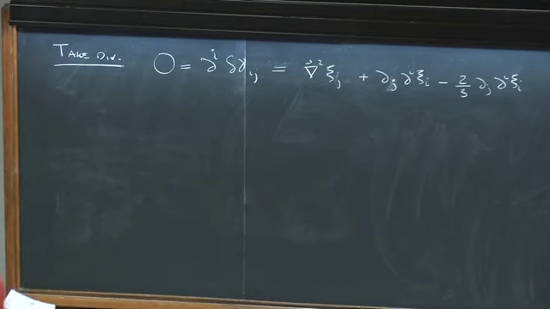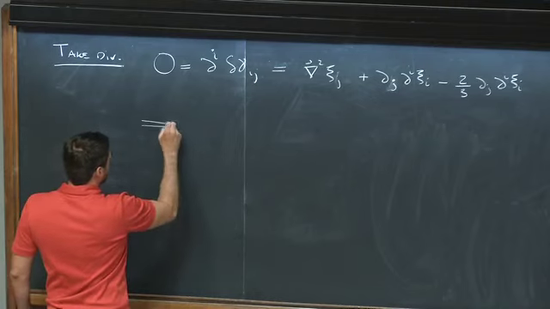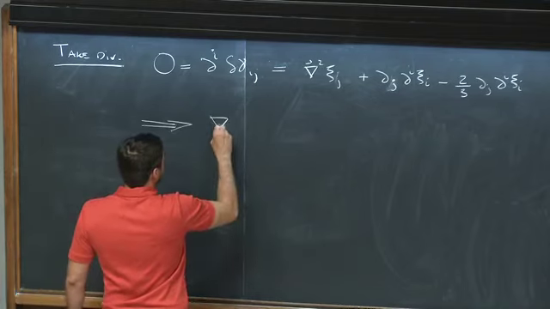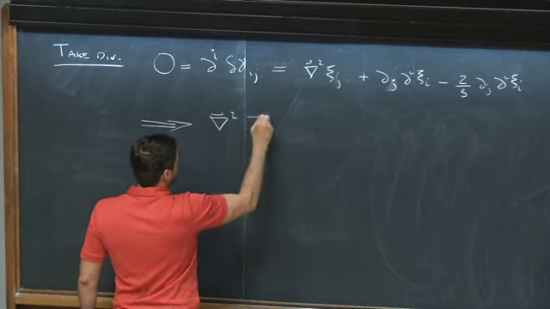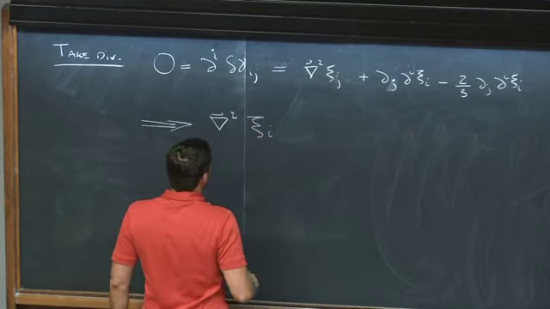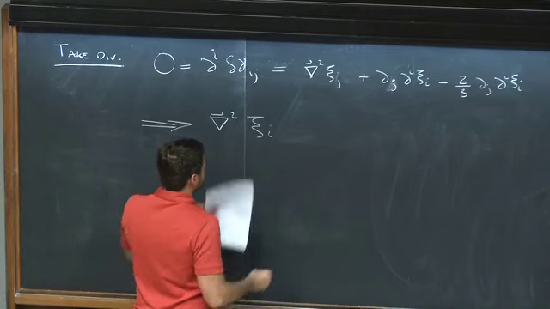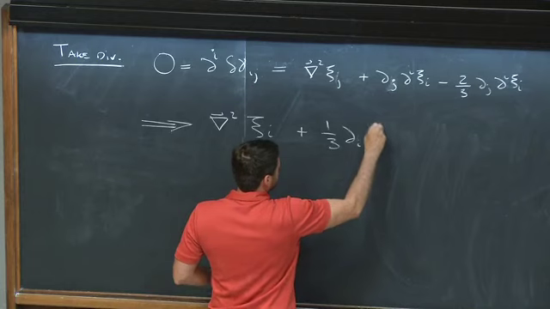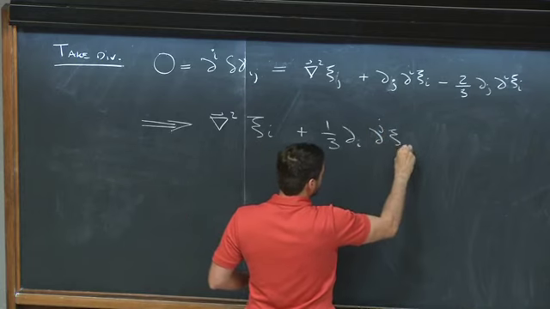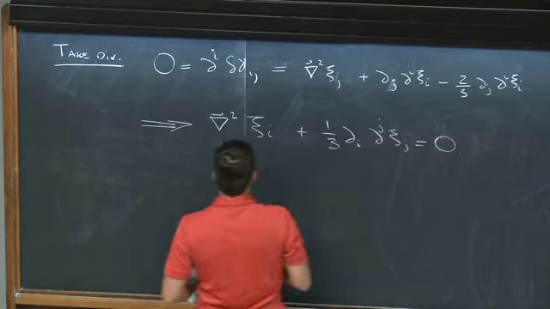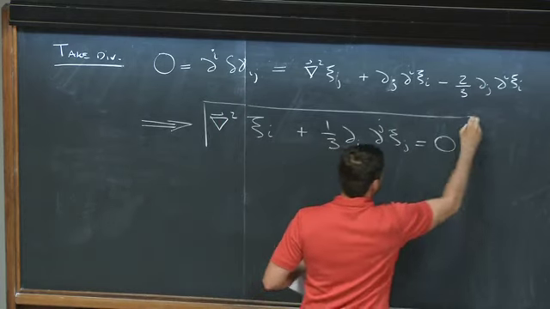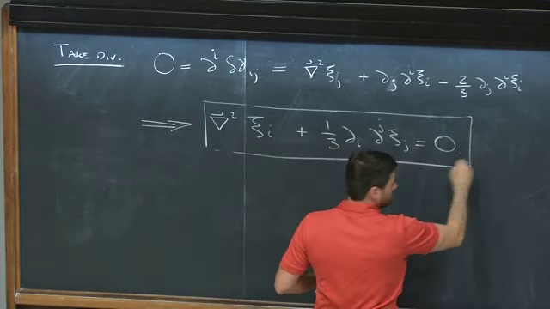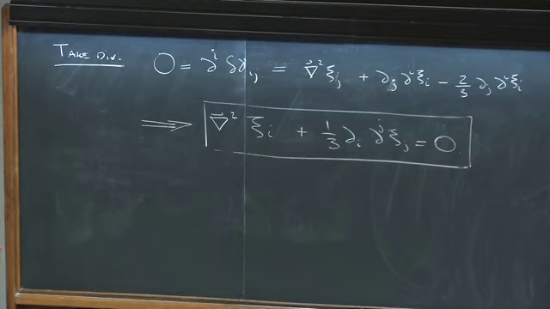Okay, so in other words, our diffeomorphism Xi is constrained to be satisfying the following equation, that the spatial Laplacian on Xi plus 1/3 gradient of its divergence must be 0. Okay, so that answers your question. So any diff which obeys this equation does the job.